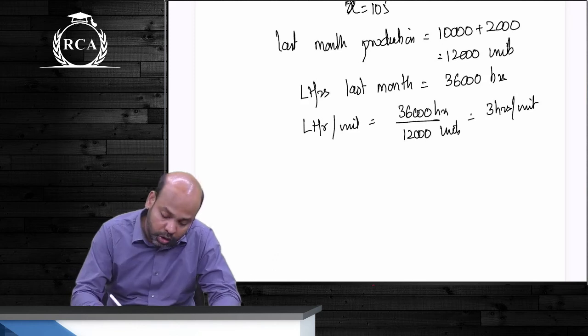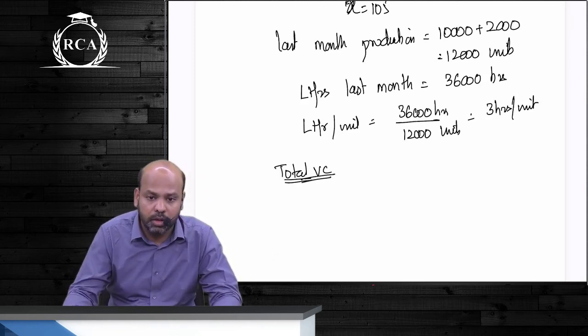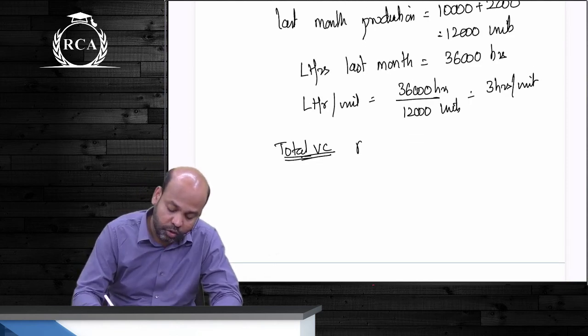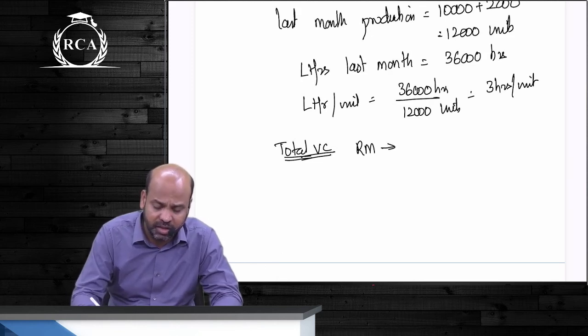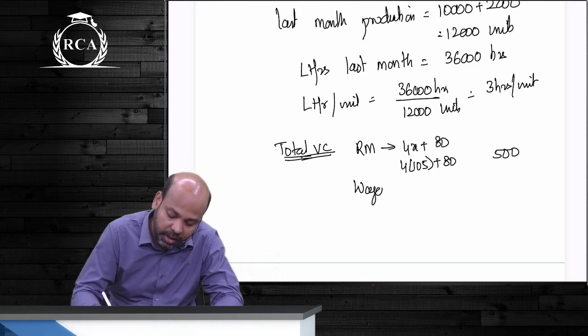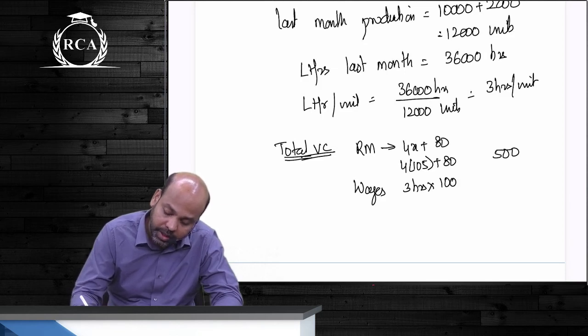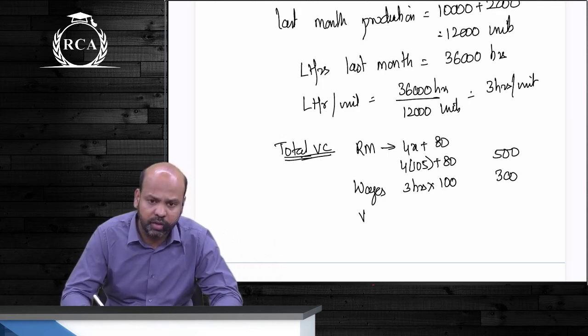Can I now write the total variable cost? In raw material, how much was it? 4x plus 80. What was the value of x? 4 into 105 plus 80. That became 500. Wages will be 3 hours into 100 rupees. That will be 300. And what else is given? Variable overheads.